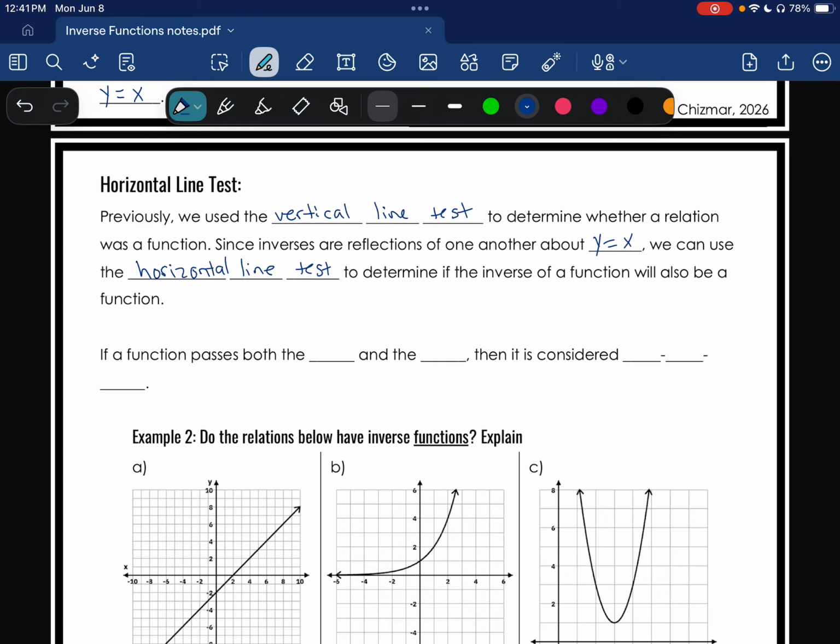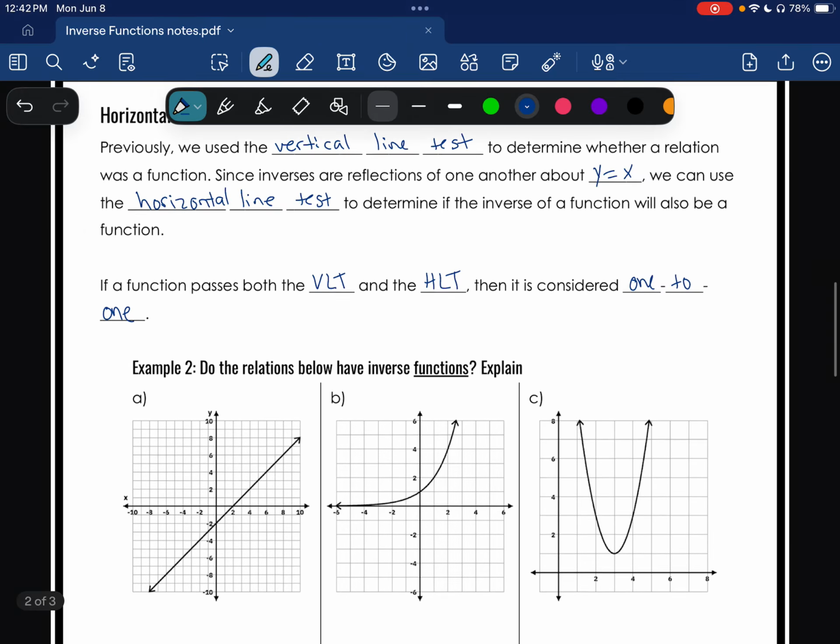If I were to draw a horizontal line across my graph, technology is so cool because I just drew a really ugly line and then it made it look pretty for me. All right, and if I were to grab that line and move it up and down, it hits one point on the line. So we say that this passes the horizontal line test. All right, and so it means it must be a function.